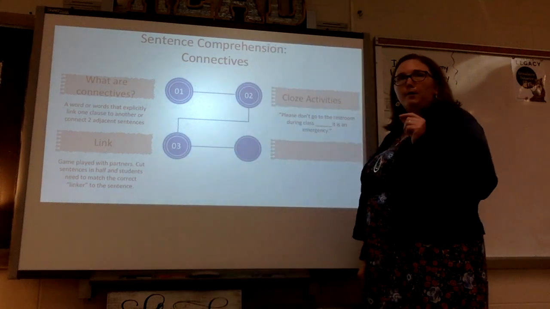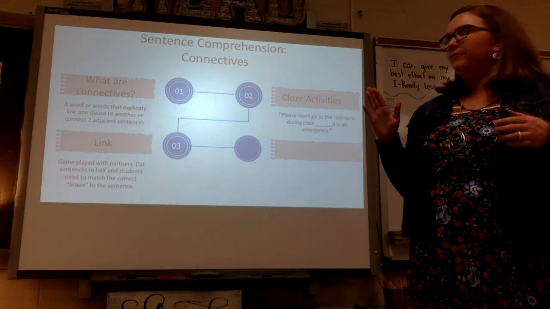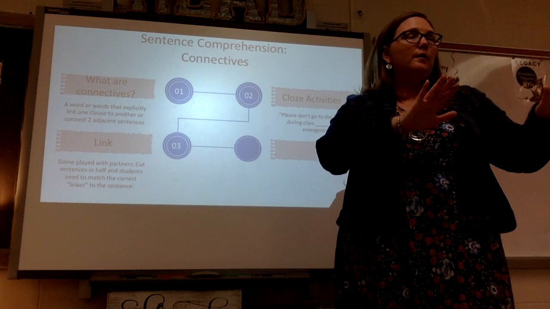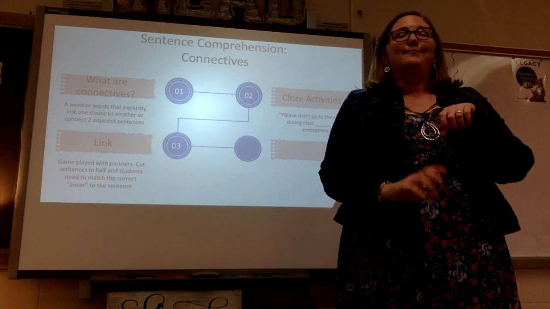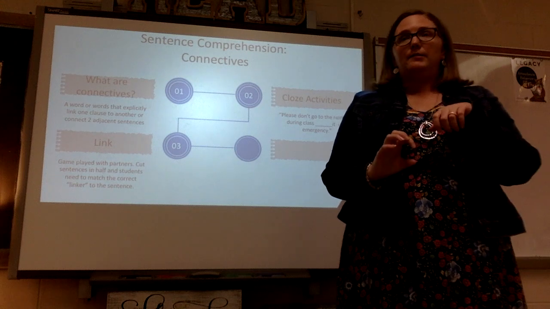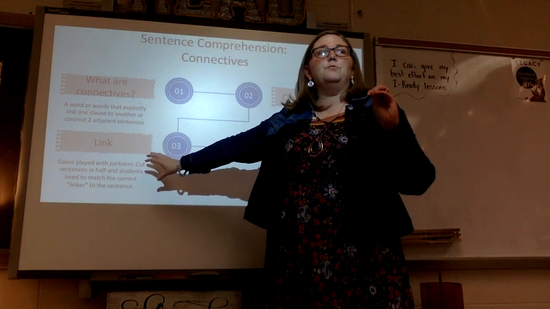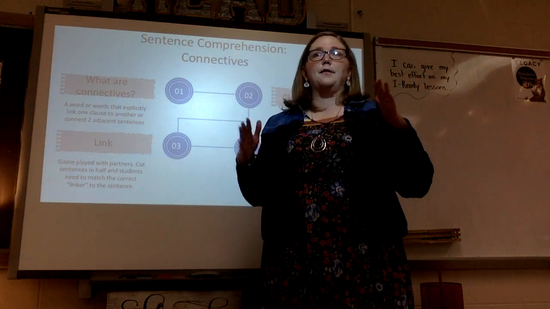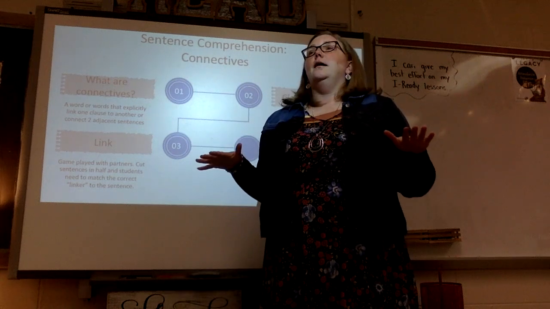Now, there's a couple ways you can do it. You can do it where you cut the sentences in half. Students are sitting on the floor, sitting at a table, they're matching sentences, and then they match that connective, a linking word that would go with it. One way you can differentiate this is if you do want to physically make a center, make a thing where they are manipulating it and touching it with their hands.